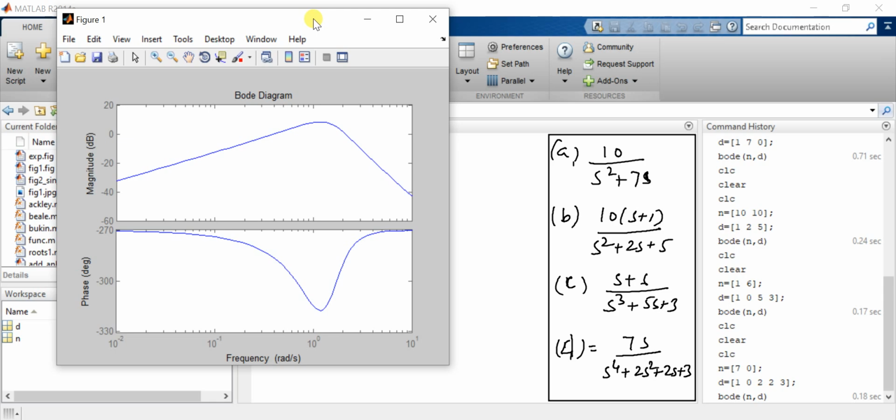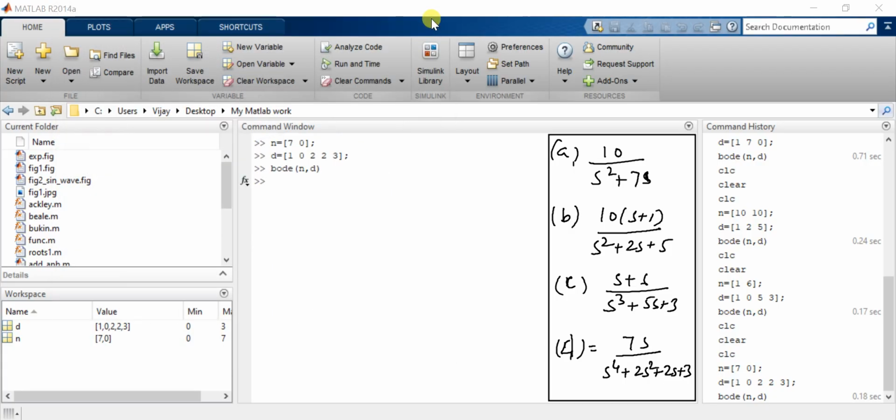I hope this Bode plot is clear to you. Now you can also find gain margin, phase margin, gain crossover frequency and phase crossover frequency for a particular system.